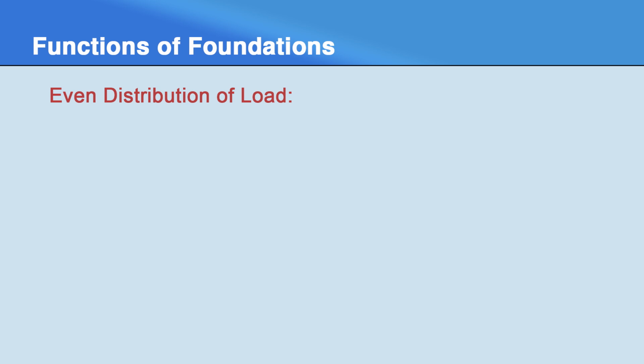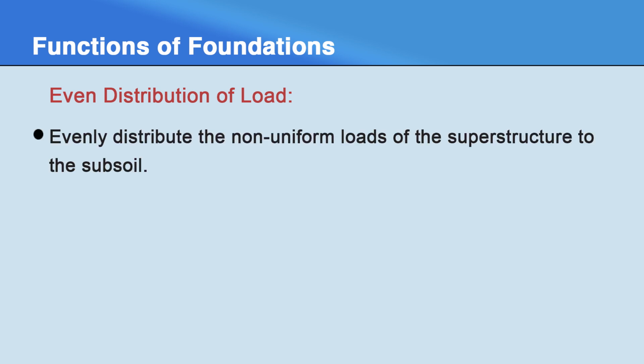Now the next is even distribution of loads. Foundations are designed to evenly distribute the non-uniform loads of the superstructure to the subsoil. This is particularly important when dealing with structures that have columns or other load-bearing elements carrying unequal loads.